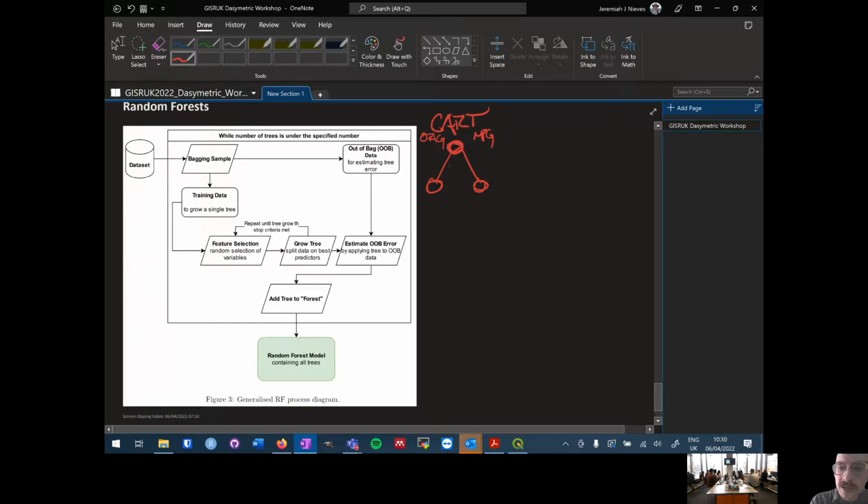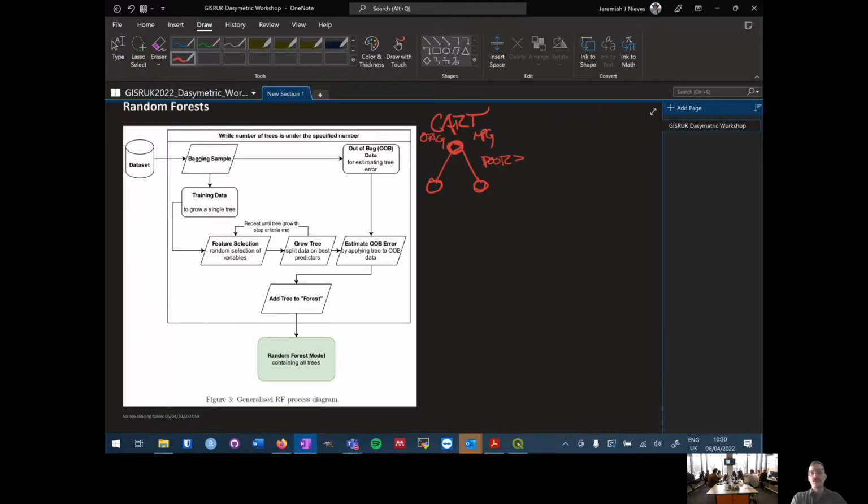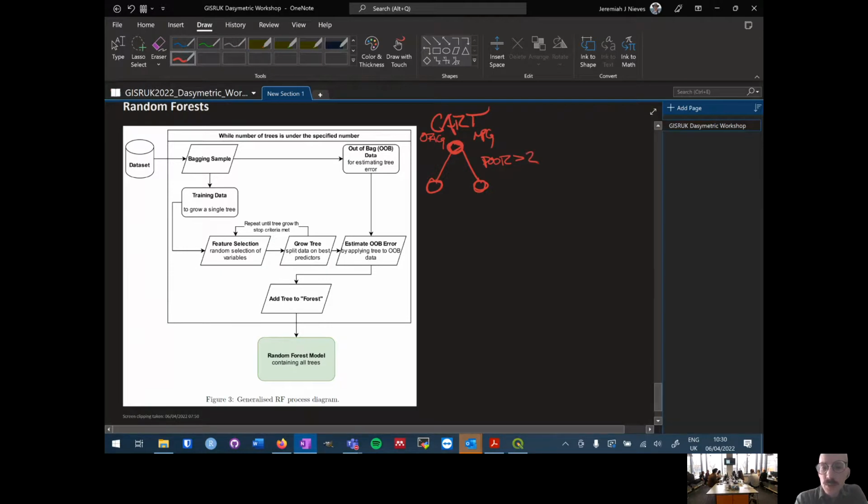It's like, okay, for doors greater than 2, we will shift everything into the subset on the right. And for doors less than 2, we will subset everything onto the left. Then it will go down to the next split, and maybe it has some way of choosing a different covariate.